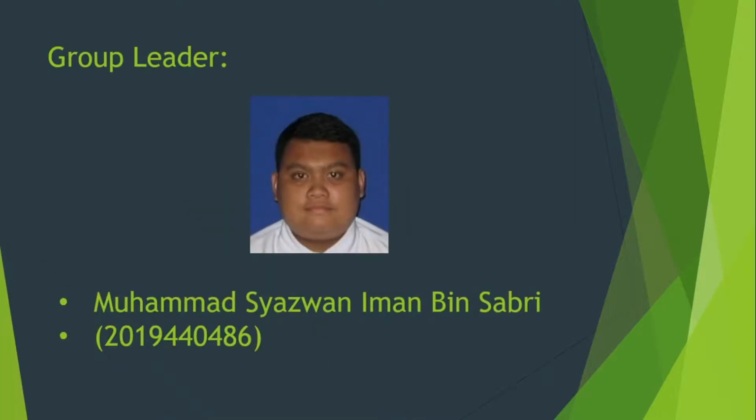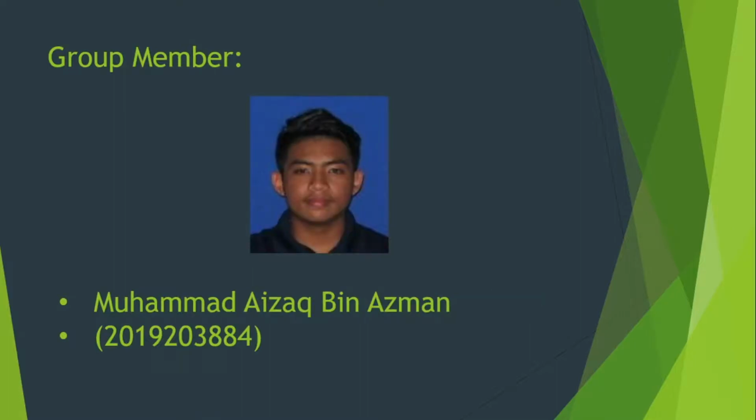So our first group member is our leader, Muhammad Shazwan Iman bin Sabri, with metric number 2019440486. The second group member is Muhammad Aizat bin Azman, with metric number 2019203884.